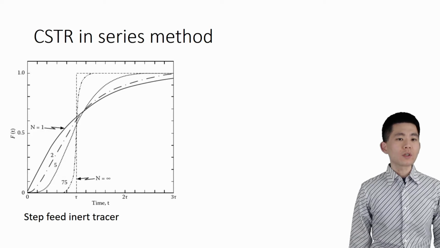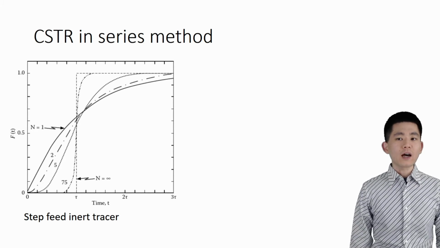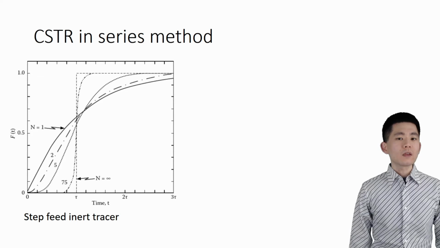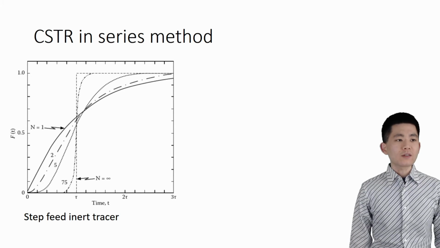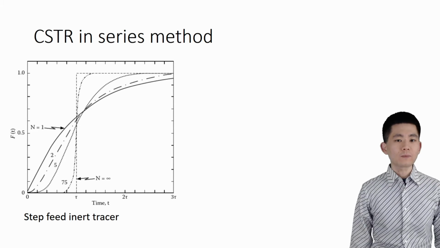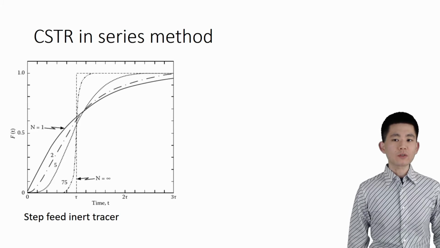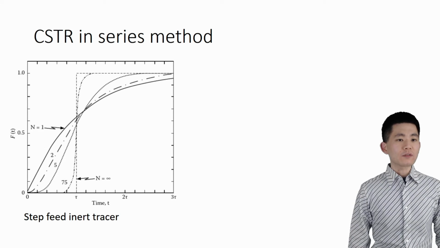This figure shows the inert tracer concentration in the effluent over time if a constant amount of tracer is added in the feed in the CSTR in series model. If there's only one tank, it is a perfect CSTR that is completely mixed, and the tracer is instantly diluted. Its concentration starts to accumulate as it is steadily fed and there's no reaction.